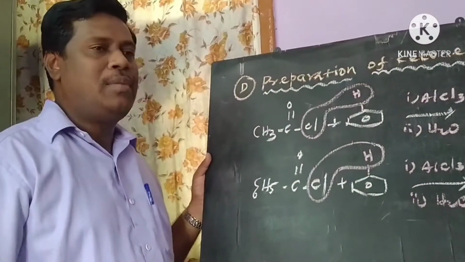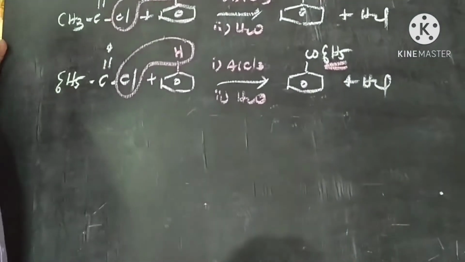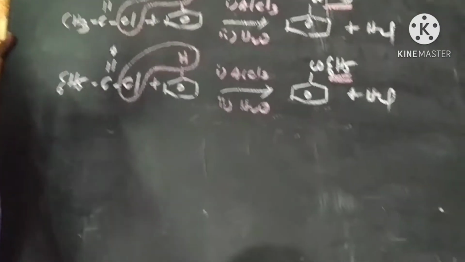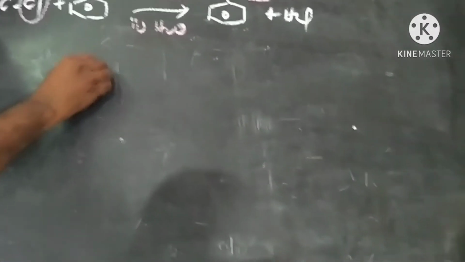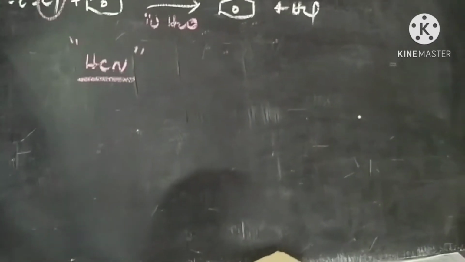The next one is the chemical properties of aldehydes and ketones, both aldehydes and ketones. The first one is addition of HCN, hydrogen cyanide.